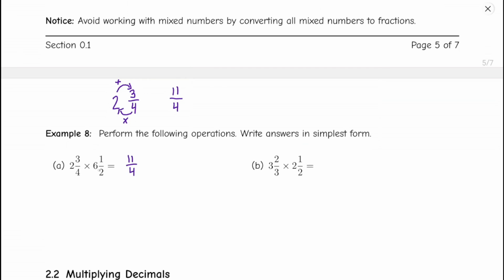If we do the same thing with 6 1/2, 2 times 6 is 12, plus 1 is 13 over 2. Nothing reduces here. So 11 times 13, 143. 4 times 2, 8.